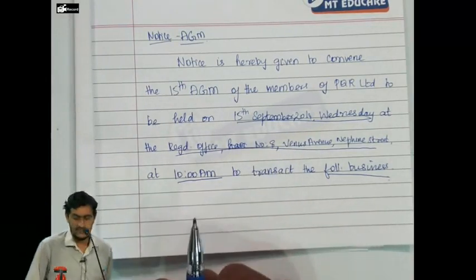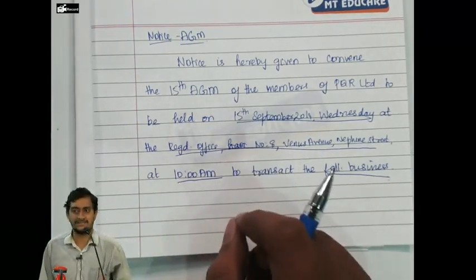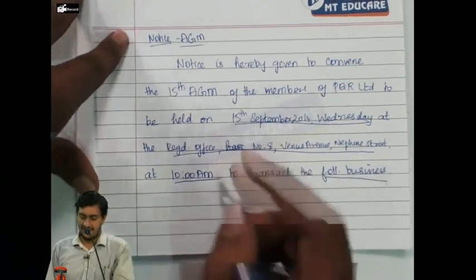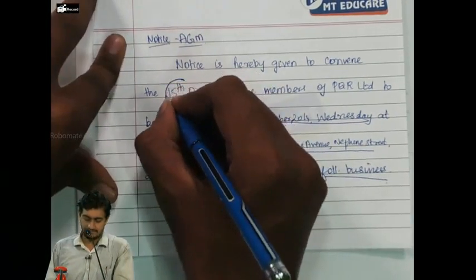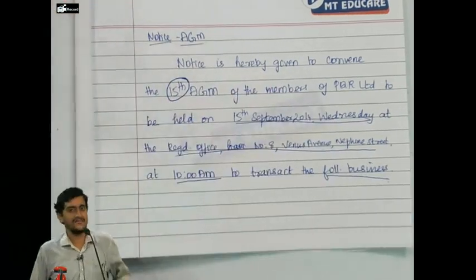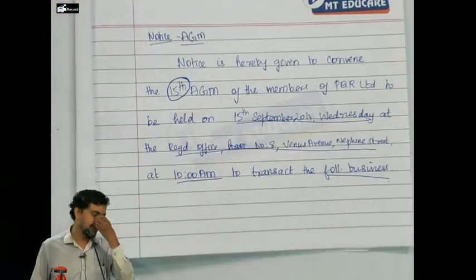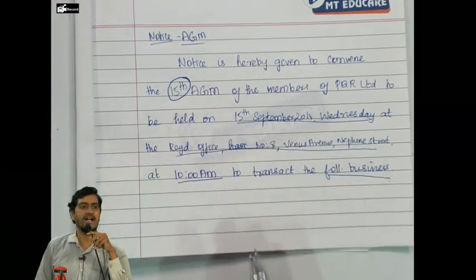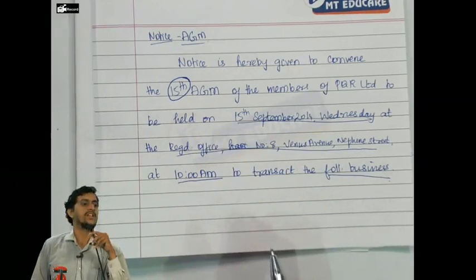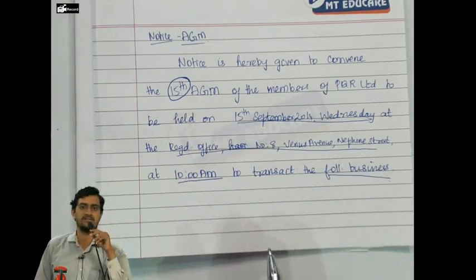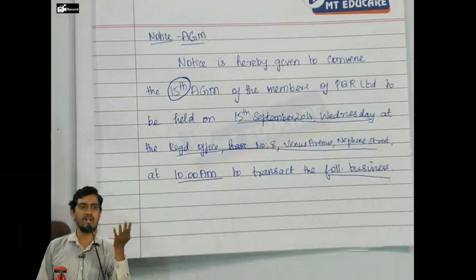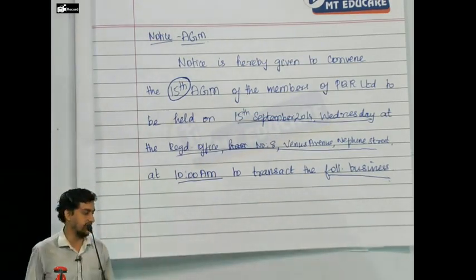Another important aspect is, where it is a notice of an annual general meeting, you will mention which numbered meeting it is. Don't make this mistake for an extraordinary general meeting, because extraordinary is obviously extraordinary.